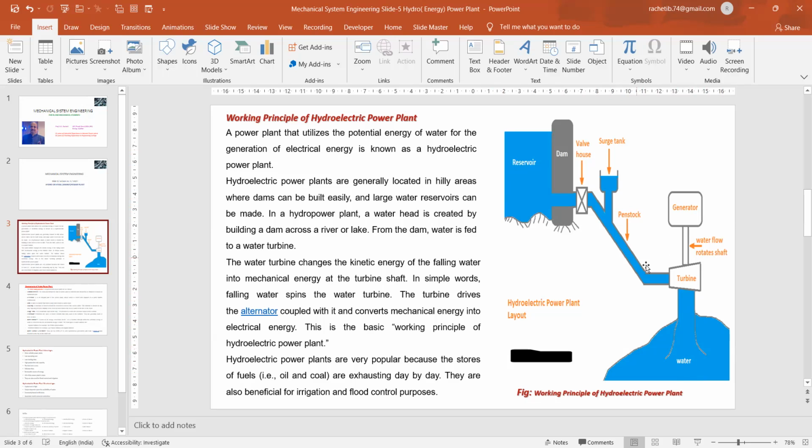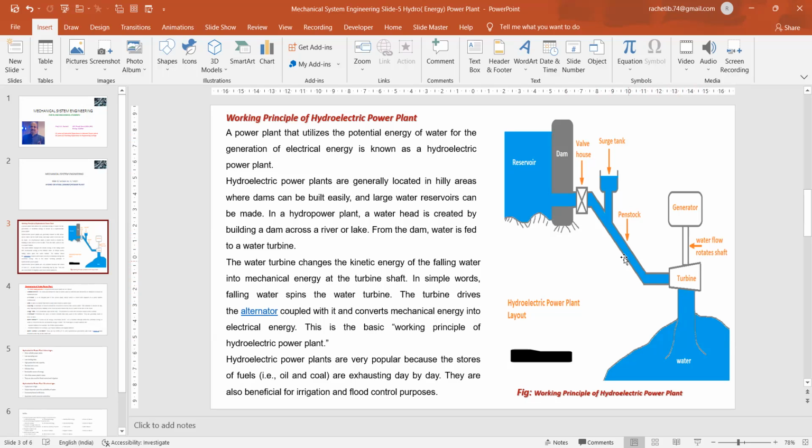Now one more thing I have to mention here is the surge tank. What happens sometimes is that if some situation arises at the generator, at the bus bar or grid side, tripping of the turbine takes place. When the turbine trips, the valve gets closed and the water tries to rush backwards due to the water hammering effect.